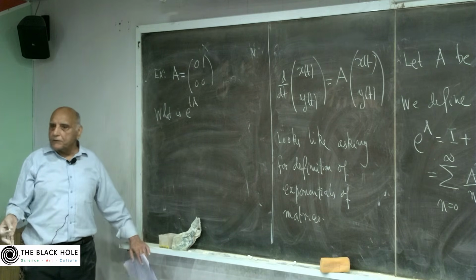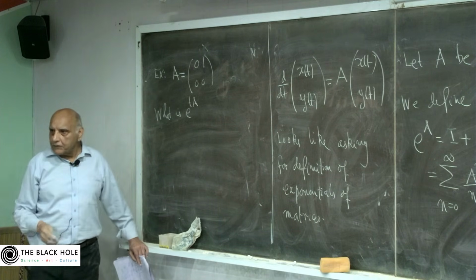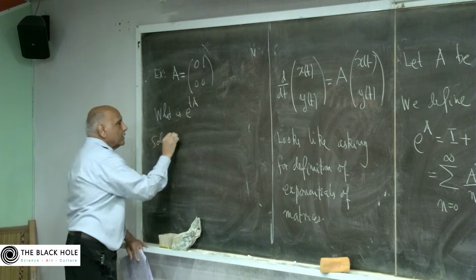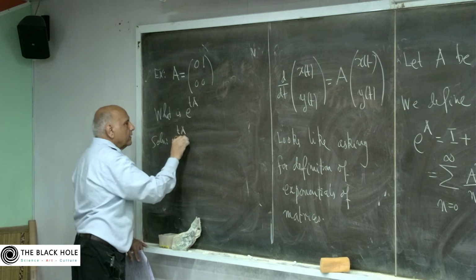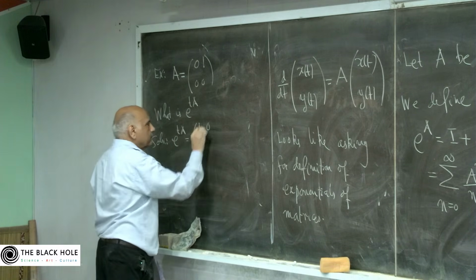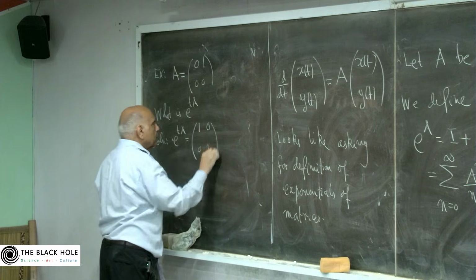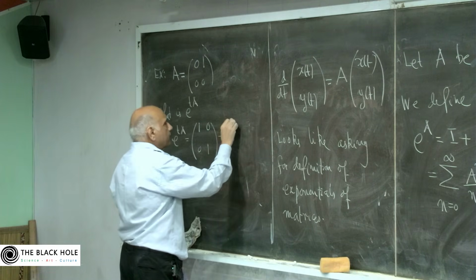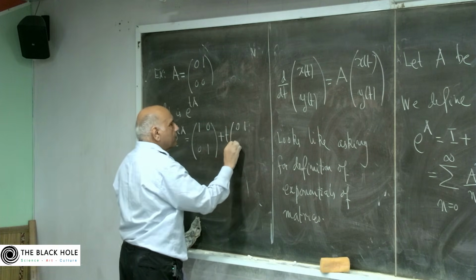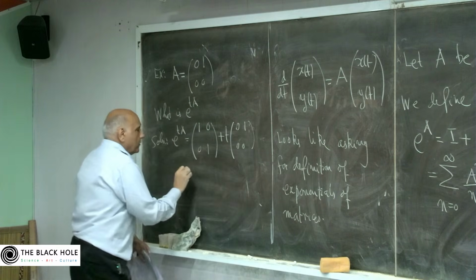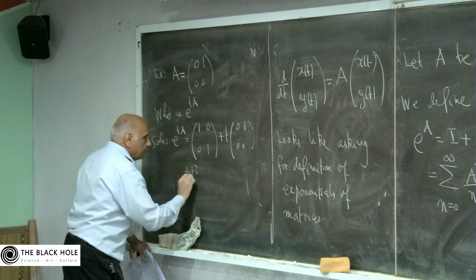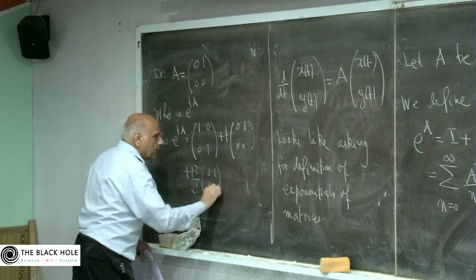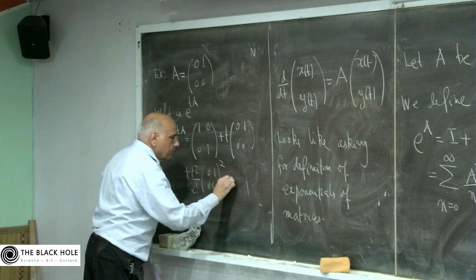There's no way for me but to work it out. Okay, so e to the TA is identity 1 0 0 1 plus t times 0 1 0 0 plus t square over 2 factorial A square, and so on.